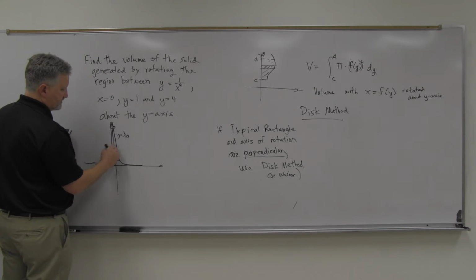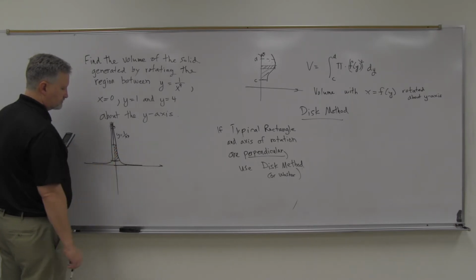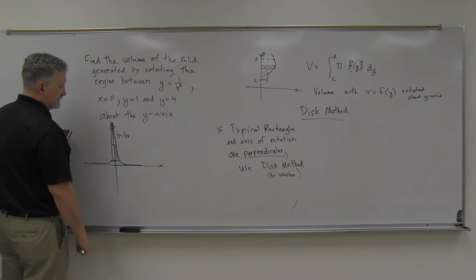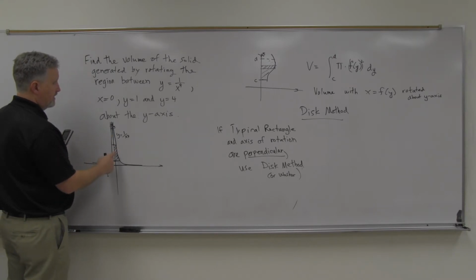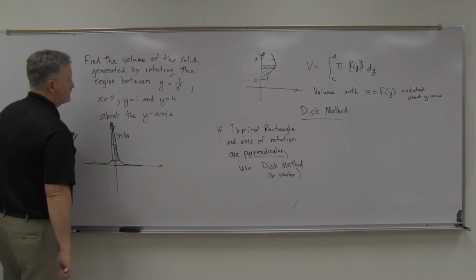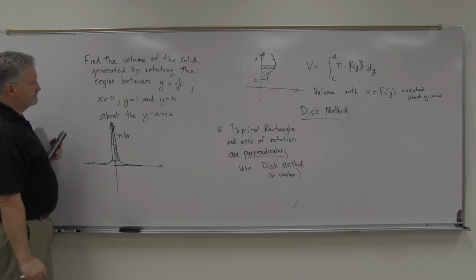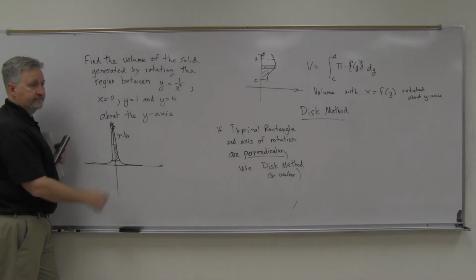So it's symmetrical. And so that's the little region I'm going to rotate. The region enclosed by that, I mean, we could go to the other side, but don't need to do that. That's what we want to rotate.